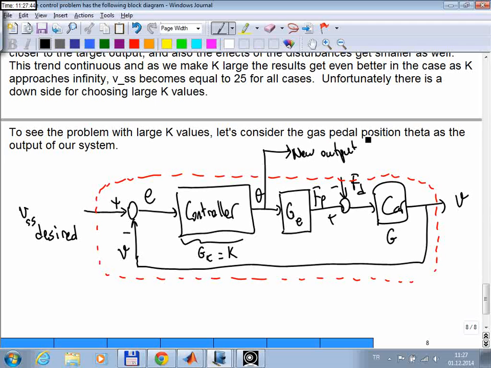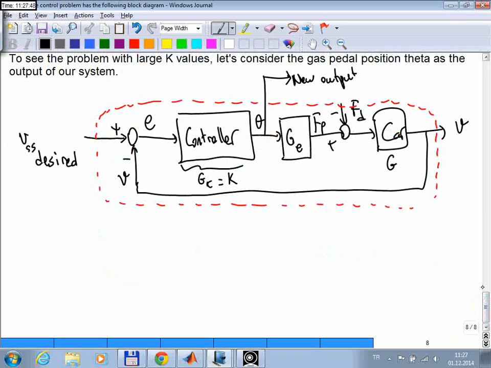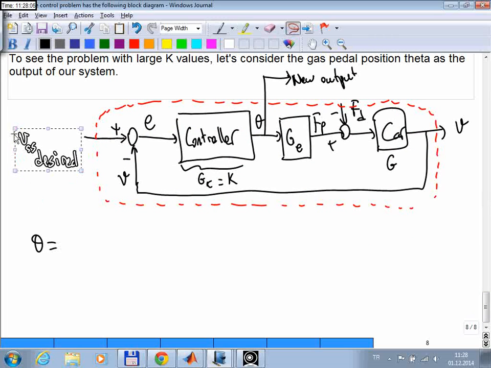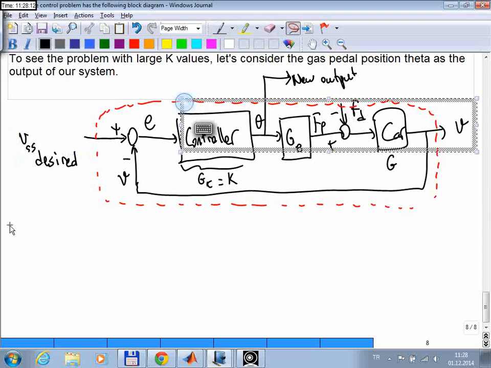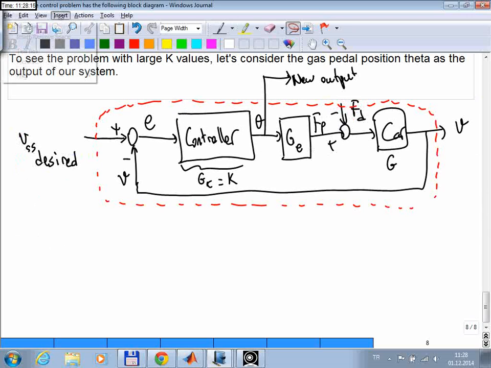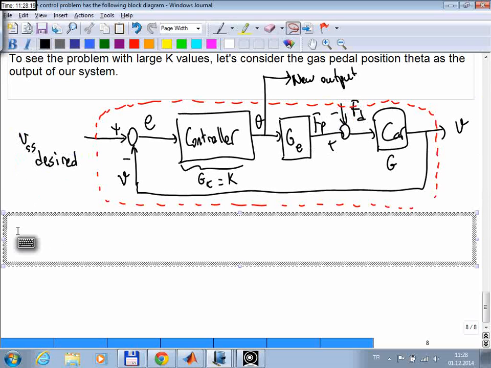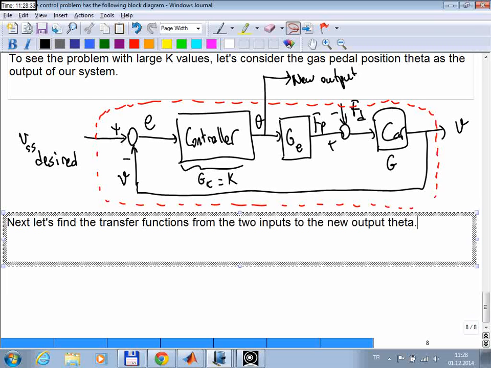So I choose theta as my new output. I should be able to write the transfer functions from these inputs to that output, so from these two inputs to the new output theta.